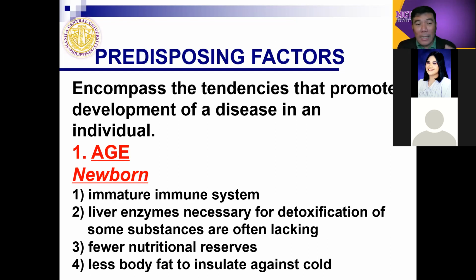Ngayon, kasi po why Vernix caseosa and lanugo are important while inside the uterus kasi this will regulate nga yung temperature. Ngayon, in the extrauterine life, the newborn had been delivered, 'di ba i-remove na, ibabat na yung baby, i-remove na yung Vernix caseosa and the excess lanugo.